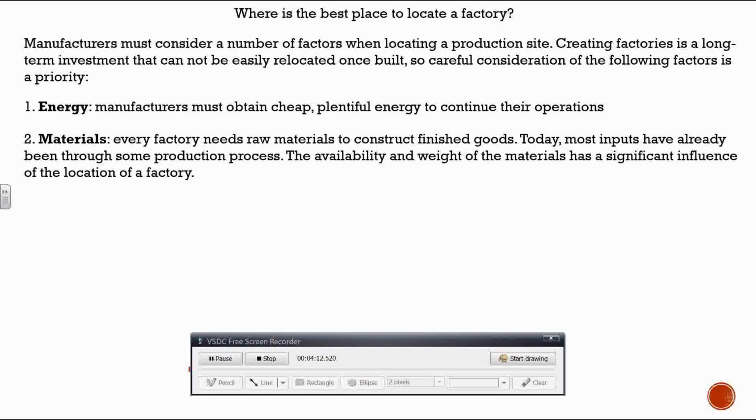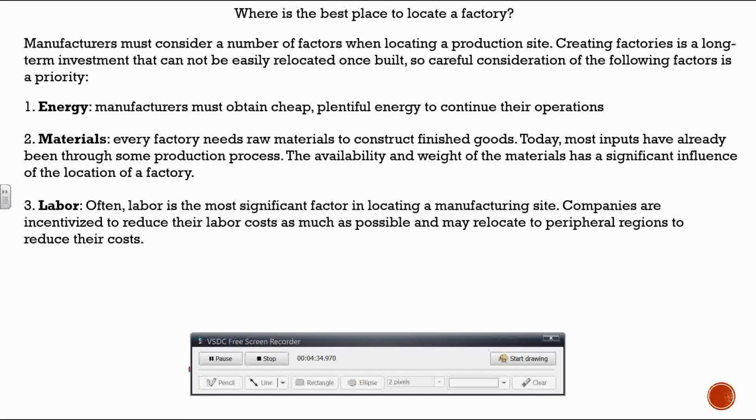And so stampable steel has already been through a pretty complicated process to get to that point. So while everything originates from raw materials, those raw materials don't go from raw materials to finished product in one factory. It's going to go through several different factories to get to that point.